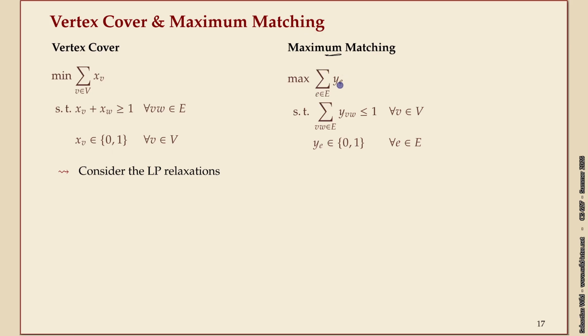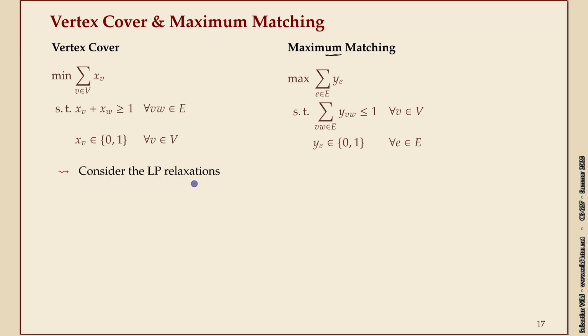We try to pick as many as possible, but for every vertex, I can only pick in total value 1 on all its incident edges. And if you restrict that to integral variables, then it's exactly the notion of a matching. You could pick at most one of the edges of every vertex. So that's exactly the 2 problems.